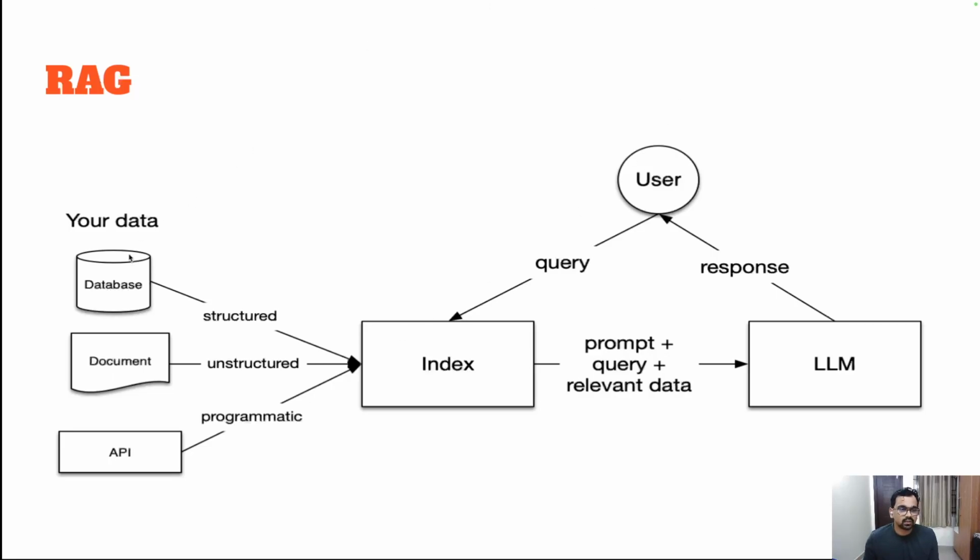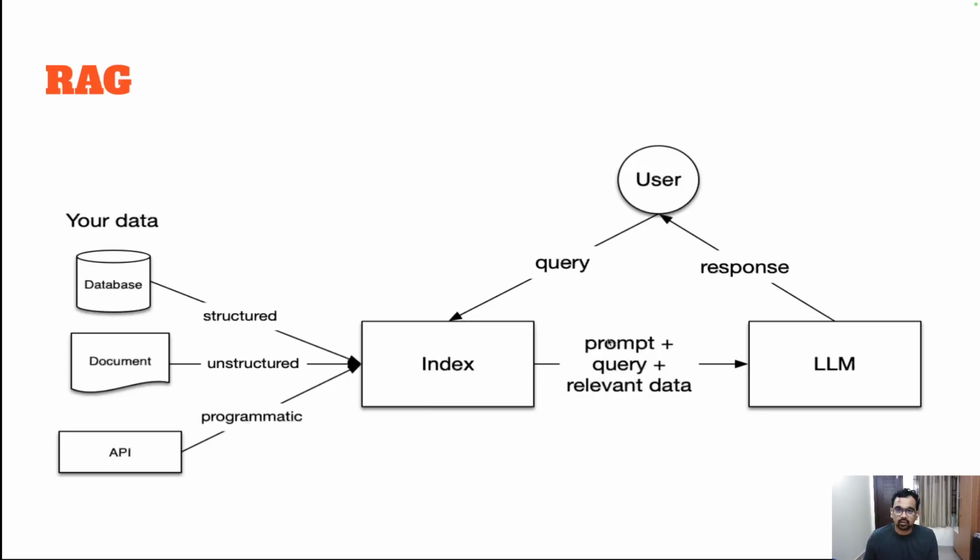Your data can be present in a database, different types of documents, and APIs. It could be structured, unstructured, and programmatic. All this data we have to index, meaning we create a structured format of vector embeddings along with the metadata, and store it somewhere. Once a user asks a query, it goes to that index to find the relevant data.